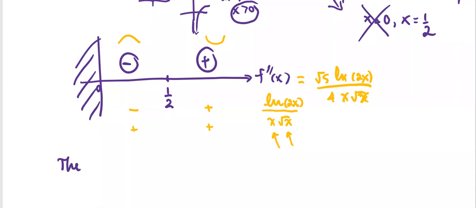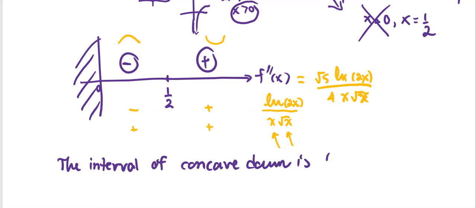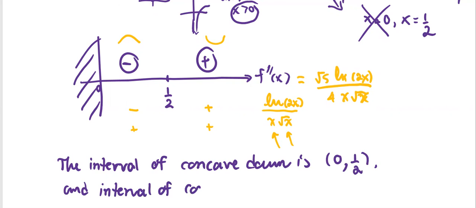So we can summarize it as the interval of concave down is from 0 to 1/2, and the interval concave up is 1/2 to positive infinity.